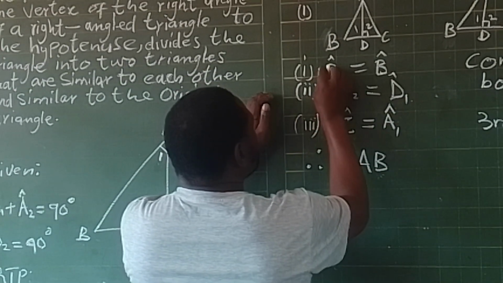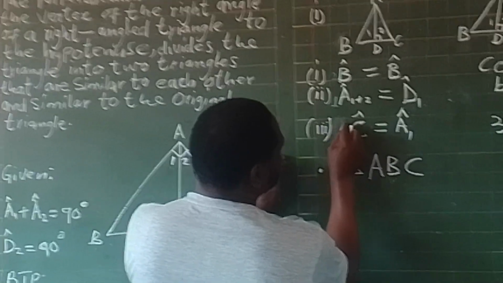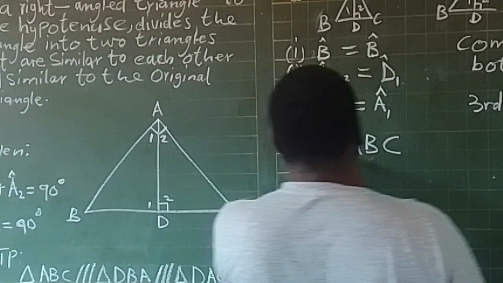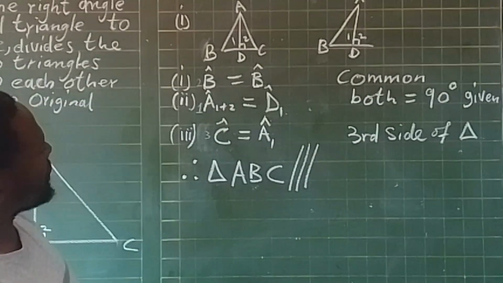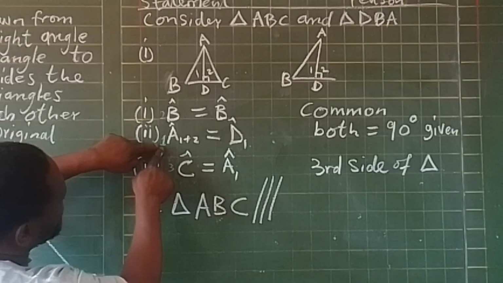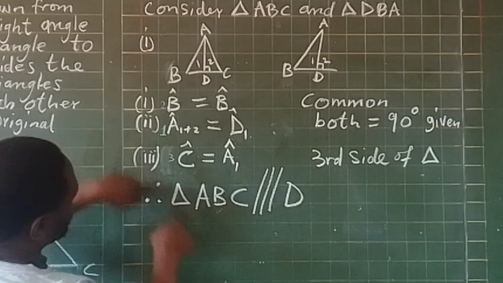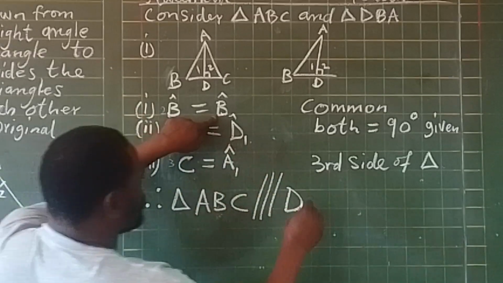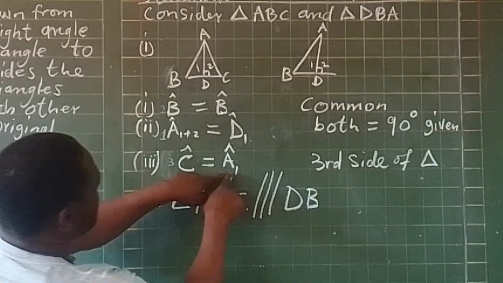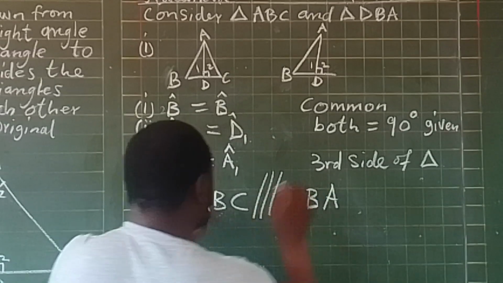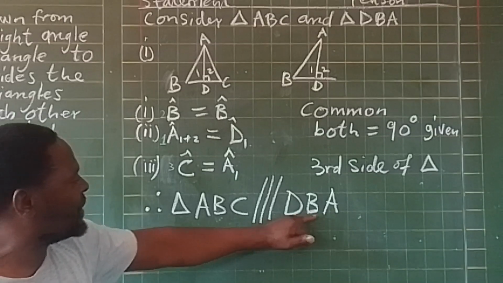This is your second. And C is your third. Triangle ABC is similar to triangle, you go where you said A. Your A is D, B was number 2, C was number 3, corresponds with A. You see now, triangle ABC is similar to triangle DBA.